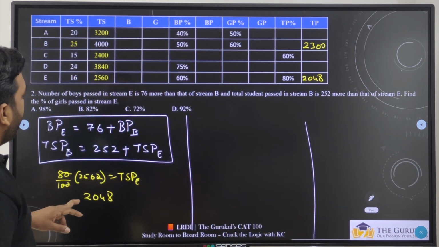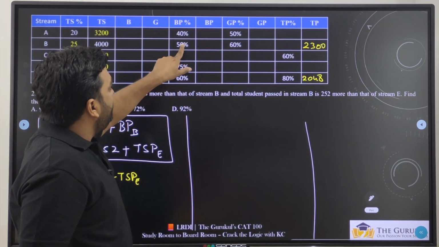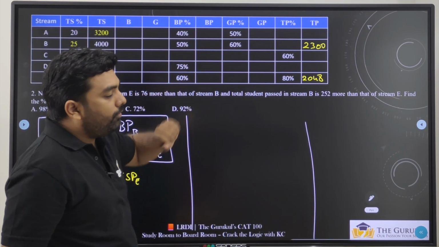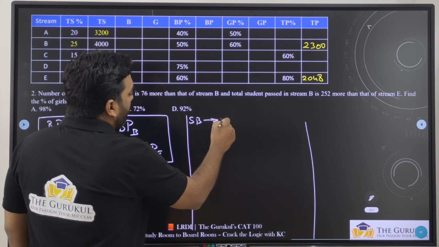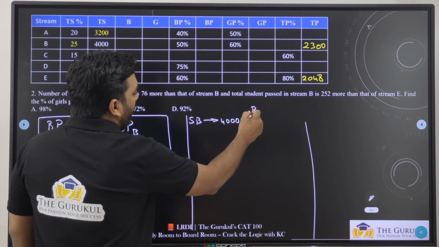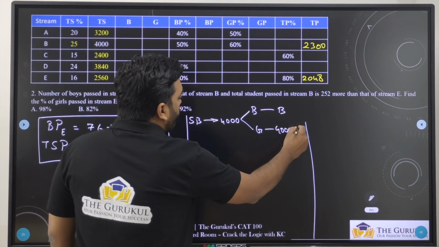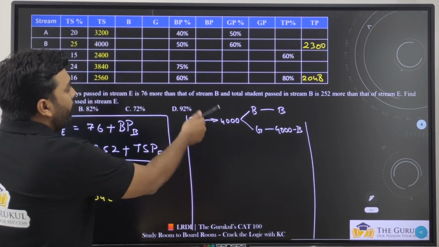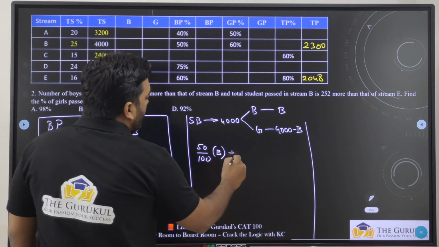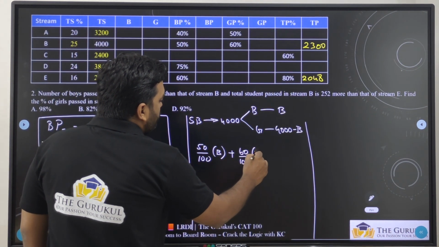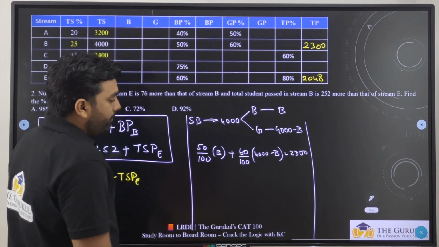Okay, next what did they give us? This 2300 is the sum of boys passed here plus girls passed here. In stream B, if there are 4000 people, I will have boys and girls. If I assume boys are B, girls will be 4000 minus B. 50% of boys, so 50% of B plus 60% of (4000 minus B) equal to 2300.